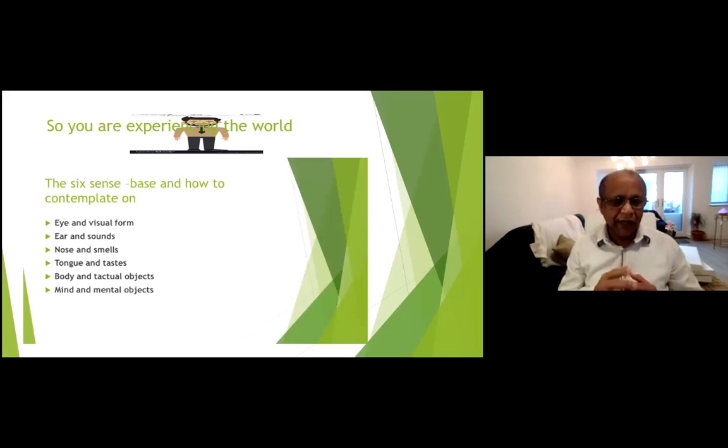So it means we have eye and visual form, ear and sounds, nose and smells, tongue and taste, body and tactile objects, and mind and mental objects. So what's happening now? Our eye, our ear, our nose, our tongue, our body, and our mind, we have them on us. And then we have outside forms, sounds, smells, tastes, tactile objects, and mental objects. Okay, but mental objects, of course, are not outside. Then what's happening?